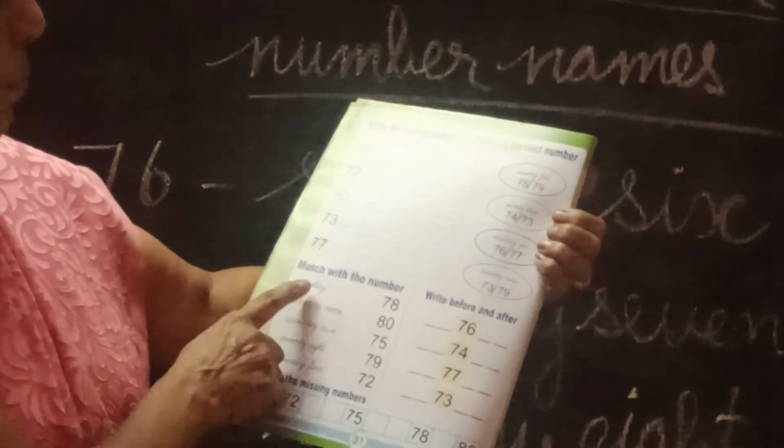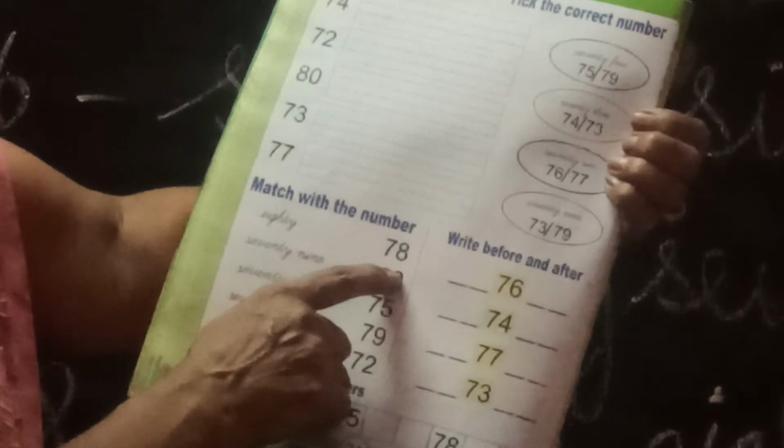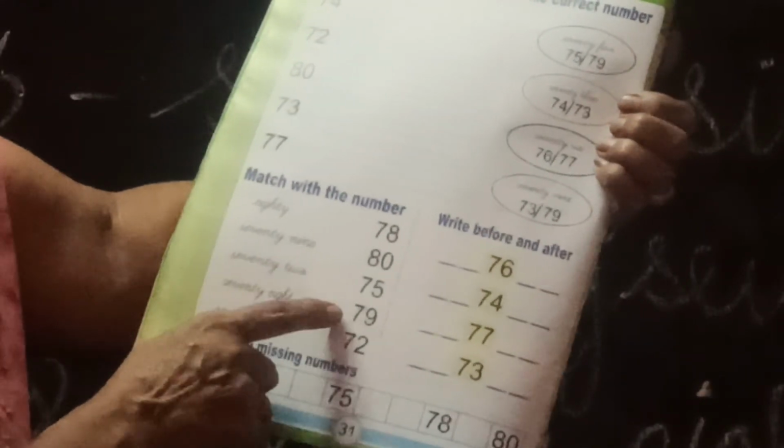The next, 79. Where is the number 79? Here, 79. You have to tick. Now match with the number. You have to match the number. 80, eighty. Where is the number 80? Here. From here to there you have to draw one line. Then 79. Where is the number 79?